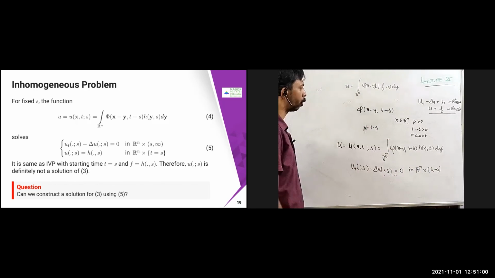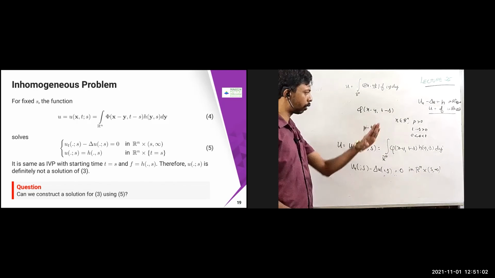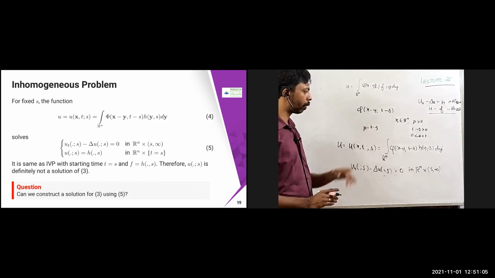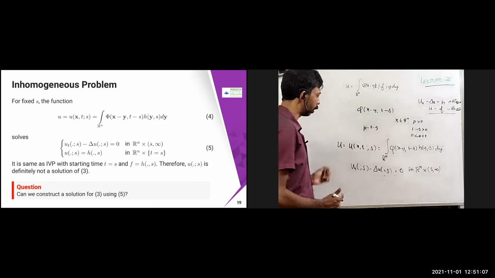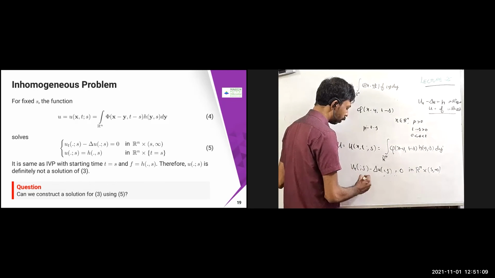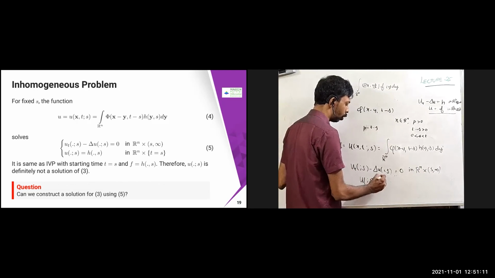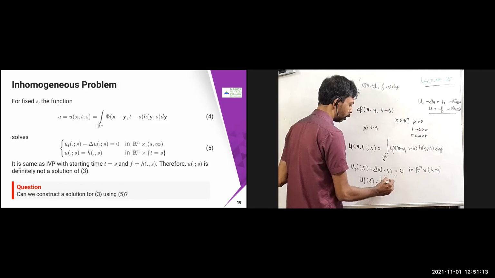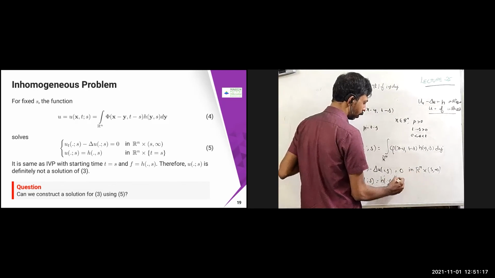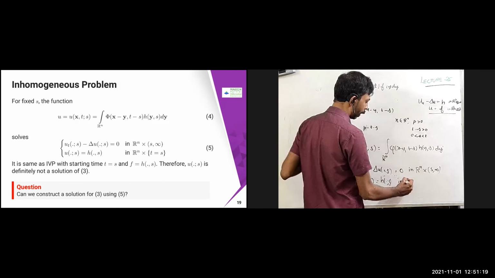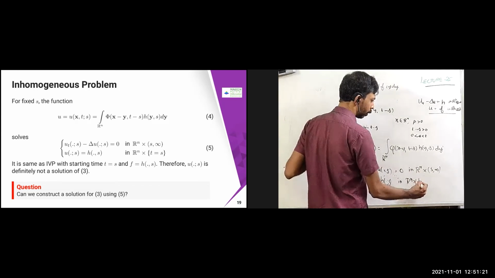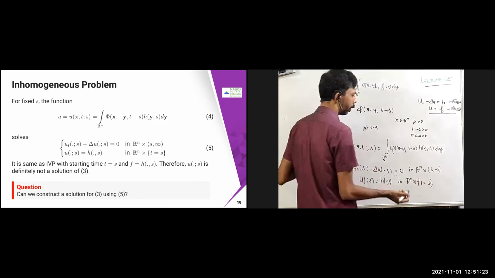Because it is 0 for 0 less than s less than t, as t tends to infinity, we are considering from s onwards, s less than t. And u equal to h of s on R^n cross t equal to s. This is the initial condition.